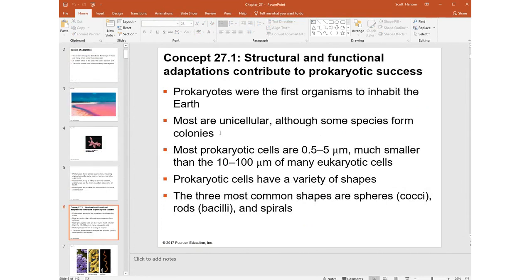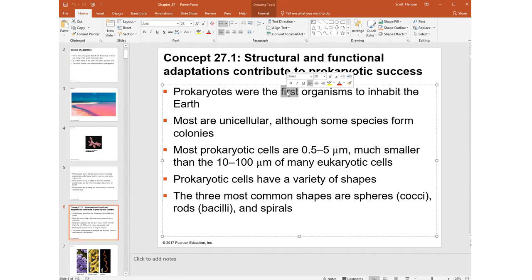And the paleontologists that come up with ideas on evolution are thinking that possibly the prokaryotes were the first organisms to inhabit Earth, which makes sense since they have very simple, very basic cells. Most of them are unicellular and exist as single cells, but some of them will actually join together and form colonies, and we'll see that a little bit later on in the chapter.